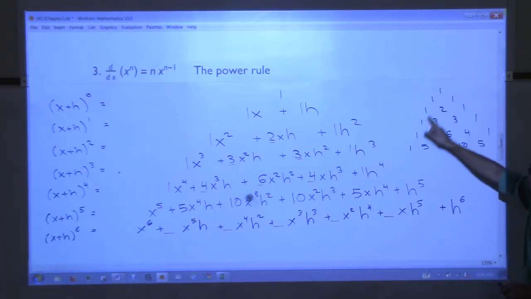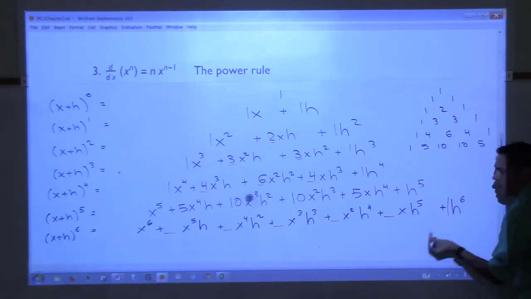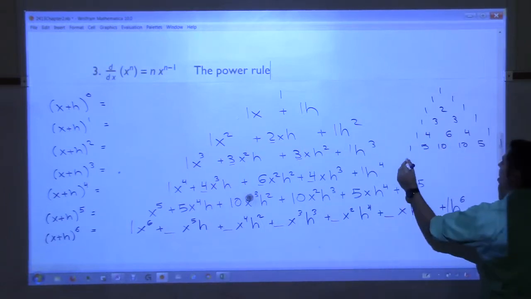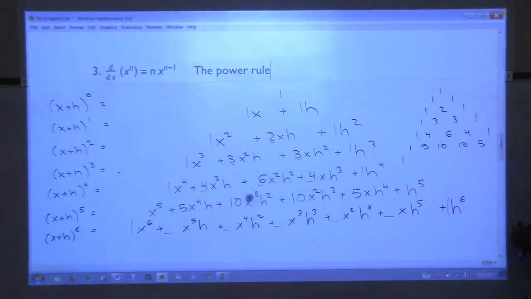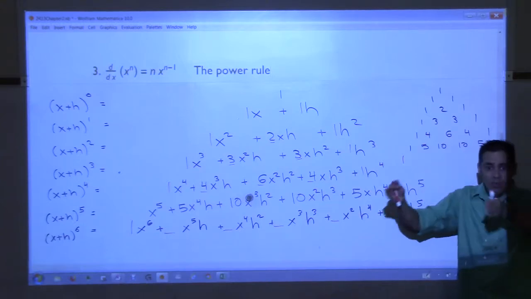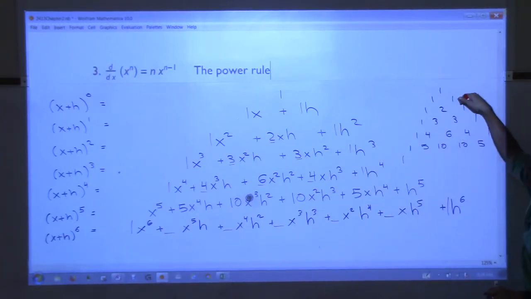All of the outside numbers on this triangle are 1s, right? So I should have a pretty good guess that this number right here should be a 1 and this number right here should be a 1. How did we get 1, 1 here? If we follow the rule that the two ends have to be 1, then the second row follows our pattern.